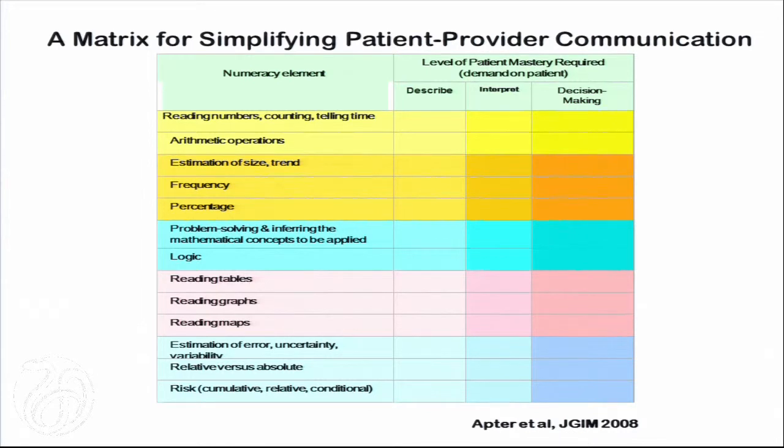And then what we hypothesized was that if you moved a communication upwards and to the left, that might simplify the communication. So for example, the prednisone question: you're given five milligram tablets, how many should you take?